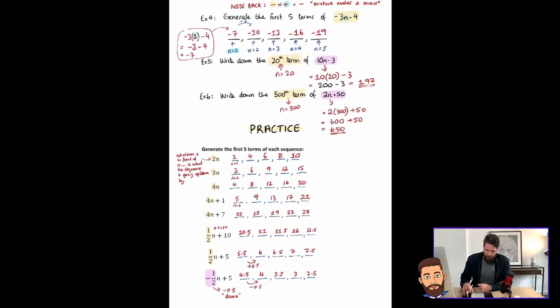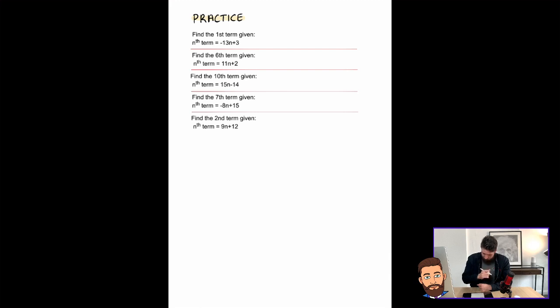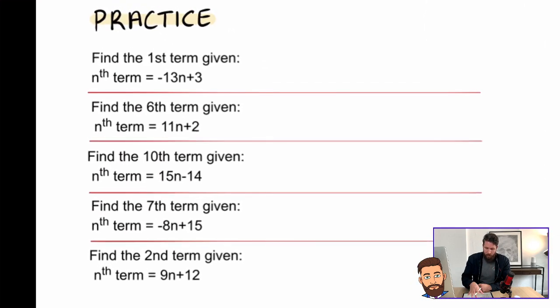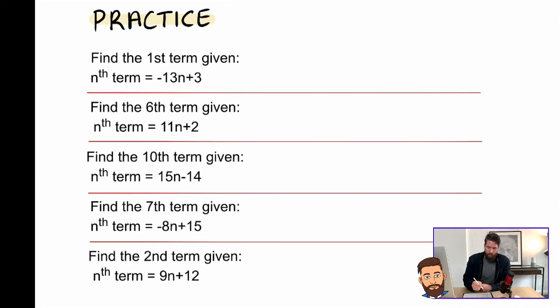So just to finish, I've put here, it wants you to work out not the first 5 terms, just a term. So find the first term of the sequence. Well, for the first term, n is 1.